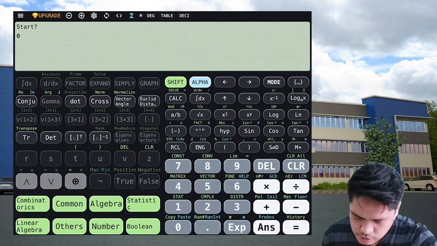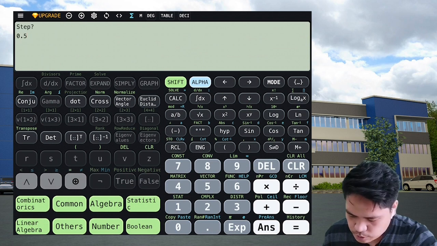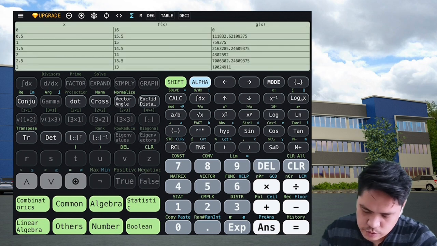We'll start with 0, end at 16, and the step is 0.5. So this is our table of values.